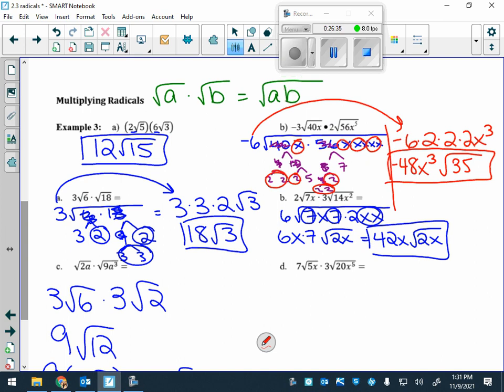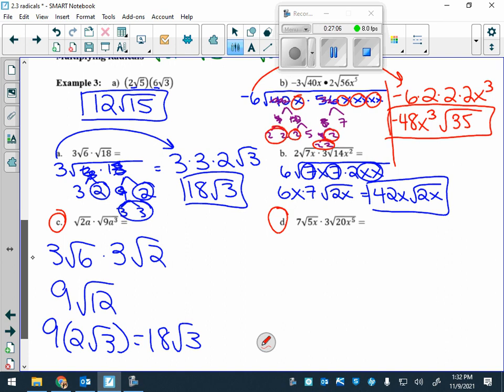The reason is double counting, lost some factors here and there. Okay, again, this is one way. There are a variety. You do not want to multiply 40 times 56, because you get this larger number, then have to factor it even more. Okay? Questions? All right, I want you to try C and D on your own right now. C and D.